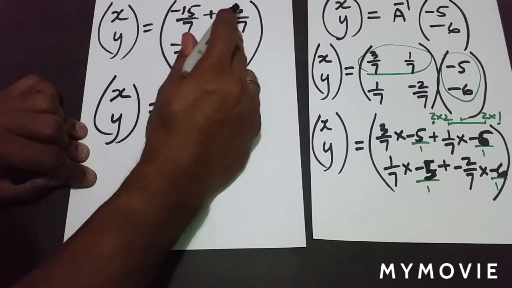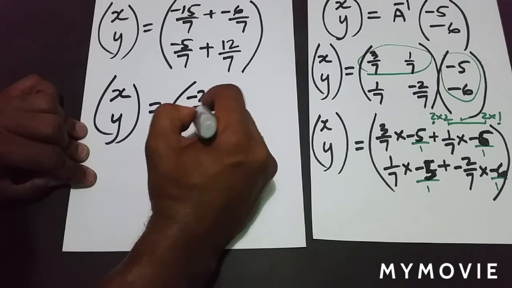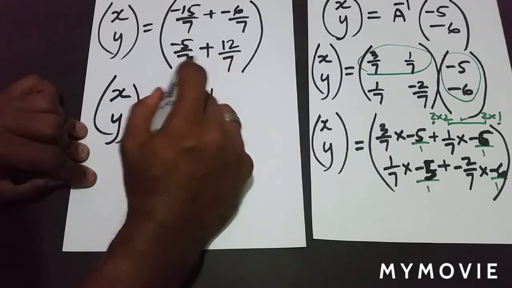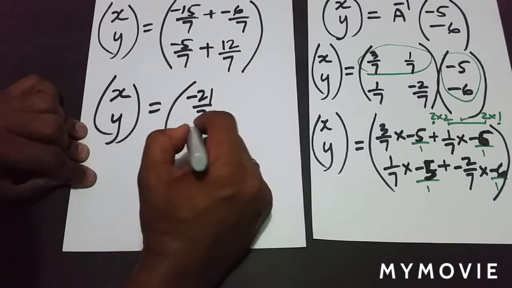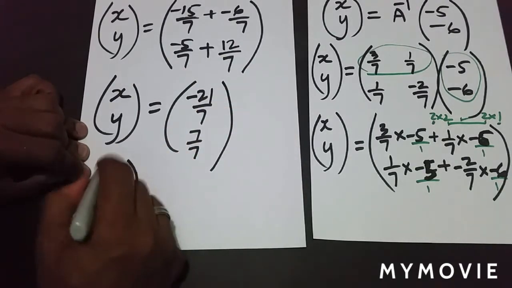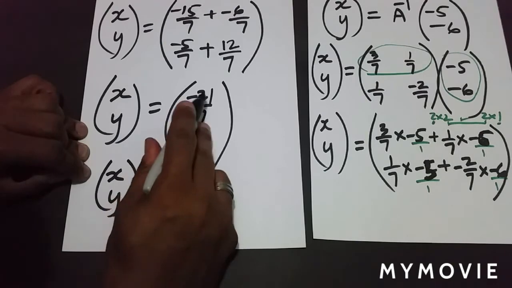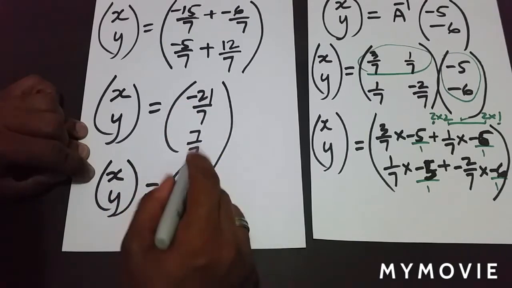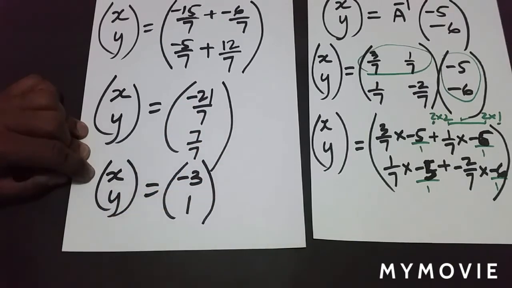So x and y will be equal to, denominators are the same here, so minus 15 plus minus 6 is minus 21 over 7. My denominators are the same here, so minus 5 plus 12 is 7 over 7. So we end up with here 7 into minus 21 is minus 3, 7 into 7, 1.